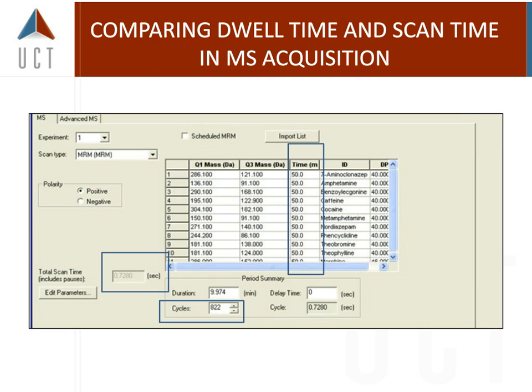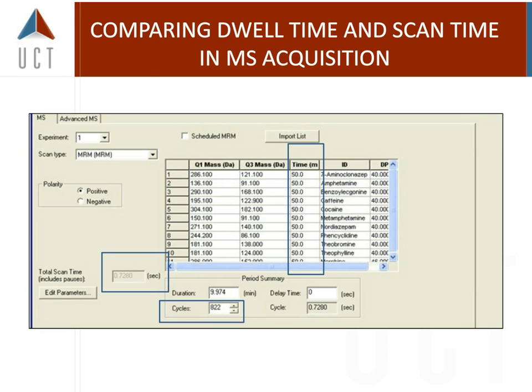So essentially, when you're making a chromatographic peak, it's like small snapshots. It's taking a movie. So every so often, in this case, about 0.728 seconds, it's taking a picture. And what it's doing is it's taking a picture and it's calculating using a 50 millisecond dwell time.